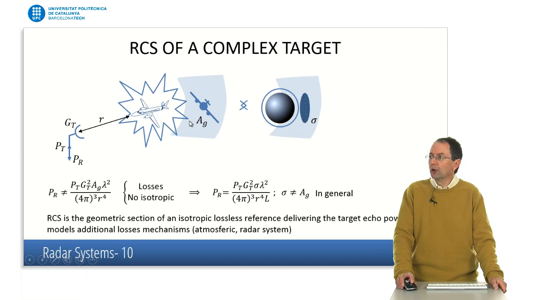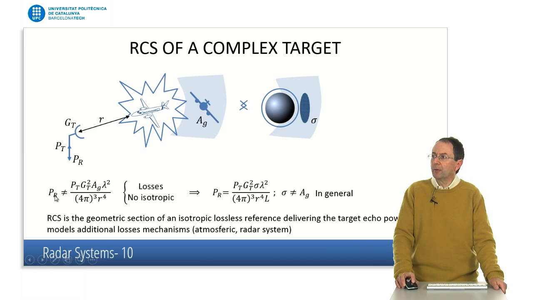And also, it may have losses. Because of this, if we measure the geometric projection, for example, the geometric section of this aircraft here, and we try to verify if the same equation is valid as in the previous reference case, it's not.